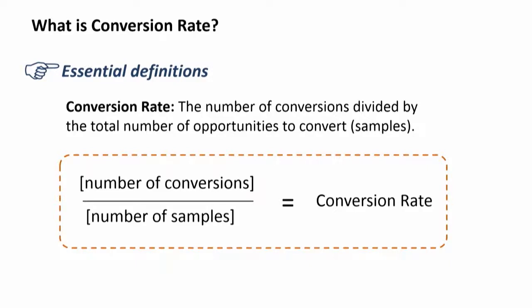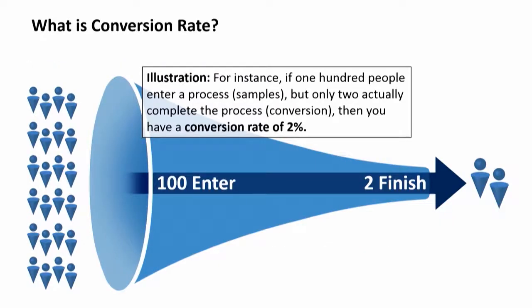So that can play out in a lot of different ways. Right now, we know that when 100 people enter our funnel and 2 people convert from being prospects to customers, a simple calculation using division tells us that our conversion rate is 2%.